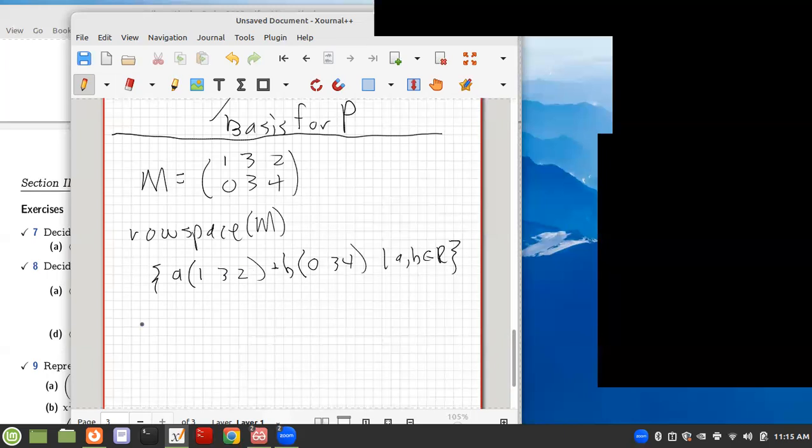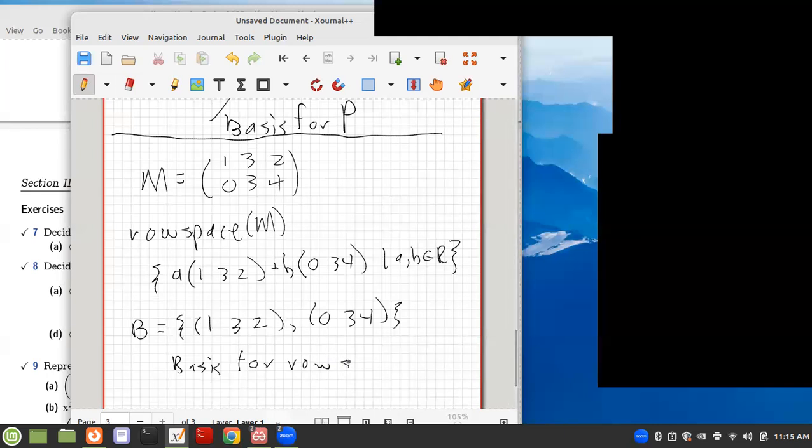Therefore, a basis for row space would be this set here. By definition, it spans the space, and because it's an echelon form, it's linearly independent. So it's a basis for row space.